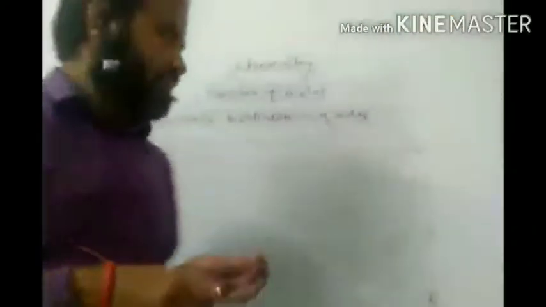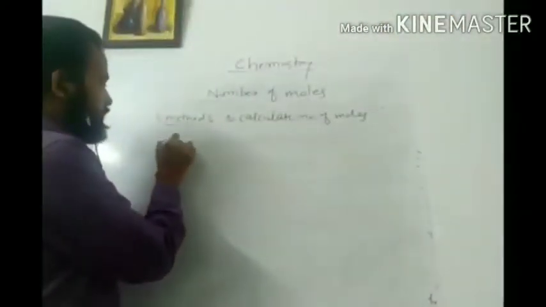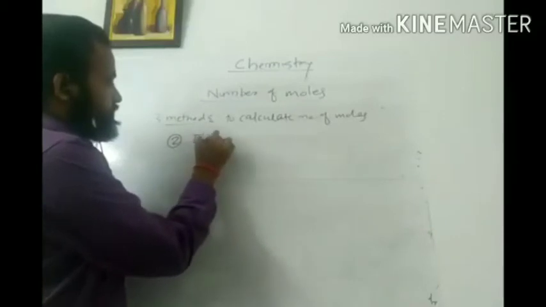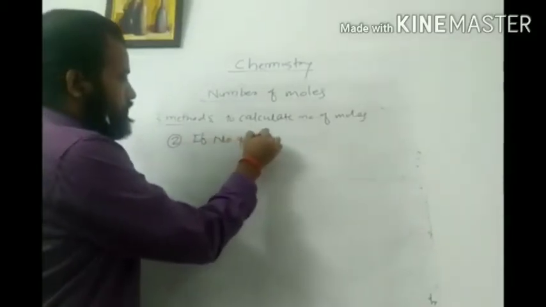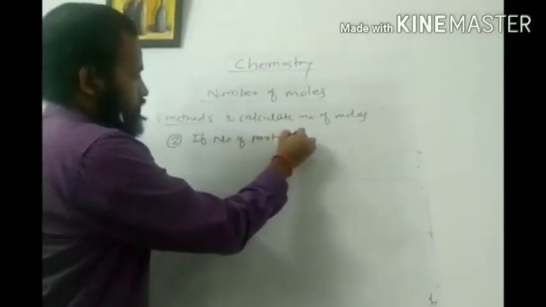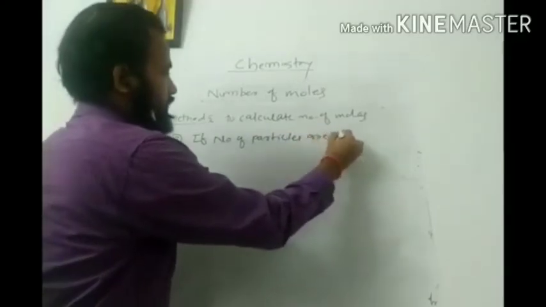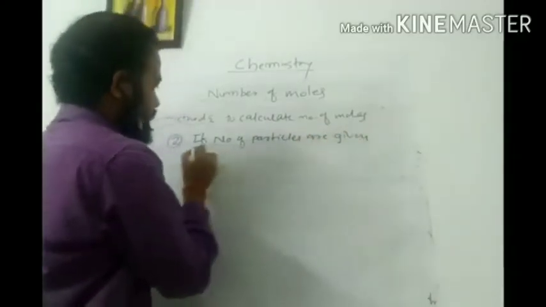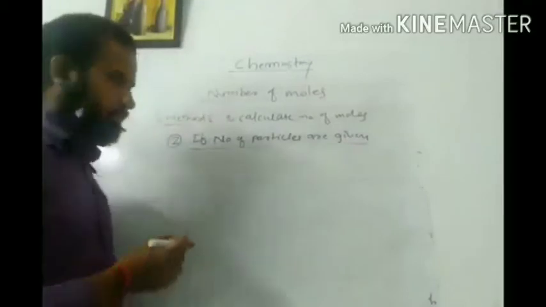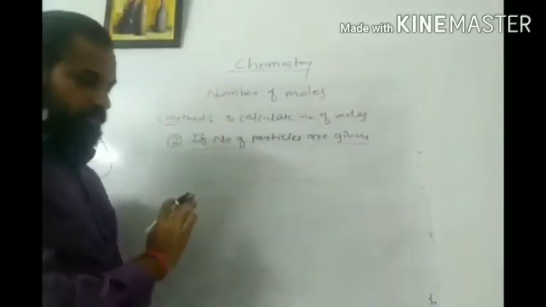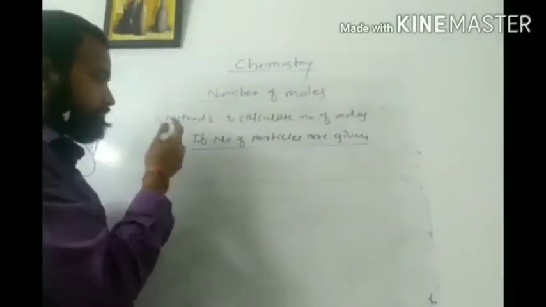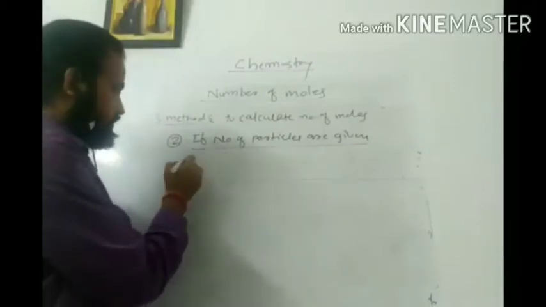So we are going to discuss the second method, that is, if the number of particles is given. If the number of particles is given, we can calculate the number of moles by using a simple formula.